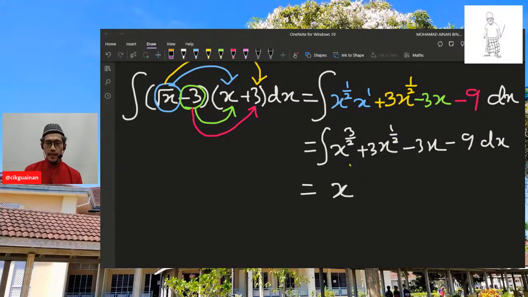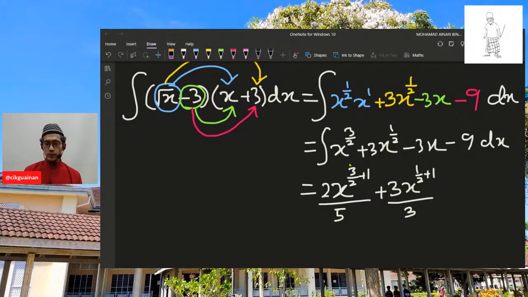Write x again, and then 3 over 2 plus 1 over the result of 3 over 2 plus 1. 3 over 2 plus 1 is 5 over 2. So 5 over 2. Okay, next one, plus 3x to the power 1 over 2 plus 1 divided by 3 over 2.